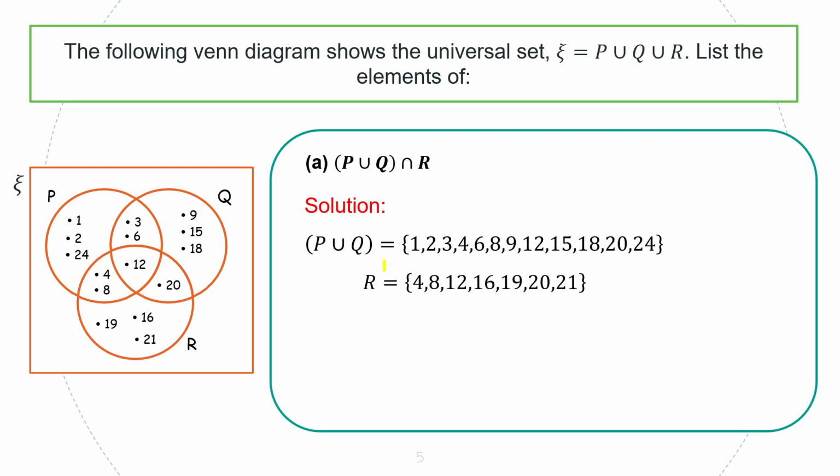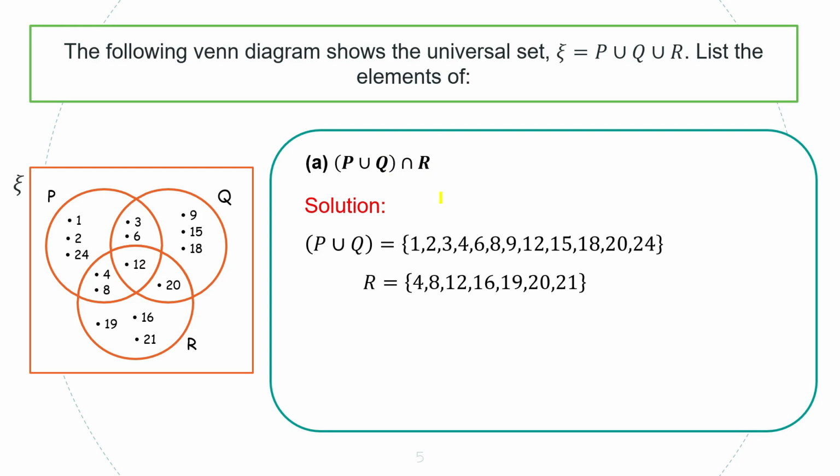Okay, and then the element of R is in this circle. And then the question asks to find the intersection between these two sets. P union Q intersect with R.